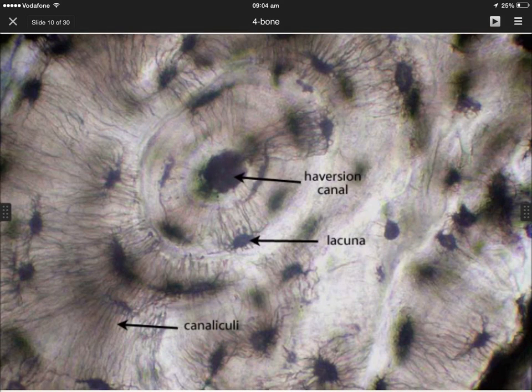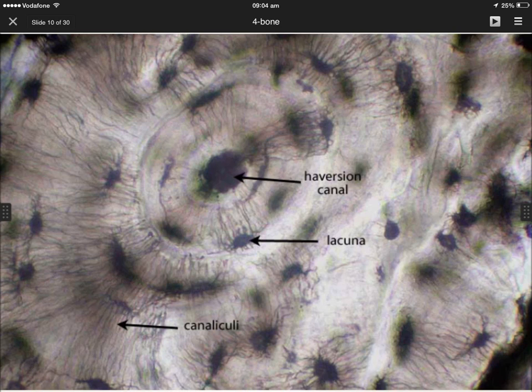Another picture for the ground compact bone. Here we have the Haversian canal, surrounded by the concentric bony lamellae, and these lamellae are alternating with the lacunae here, and from the lacunae we can see very clearly the canaliculi.